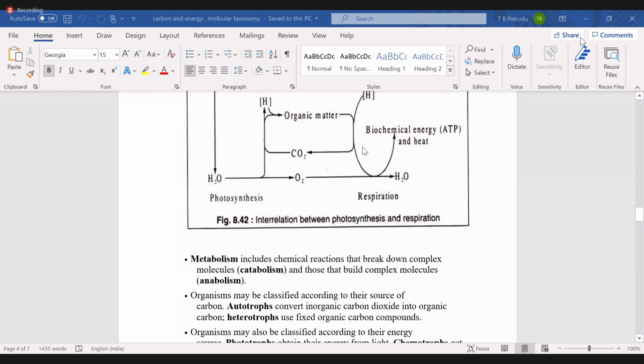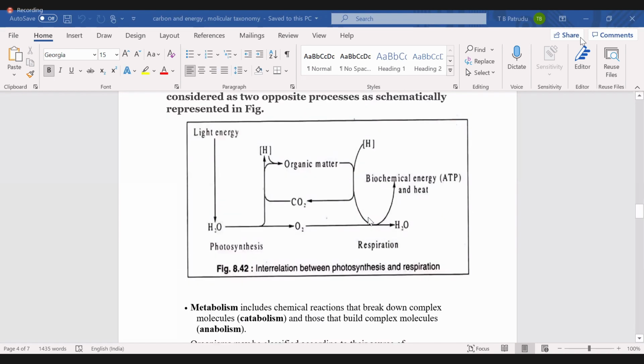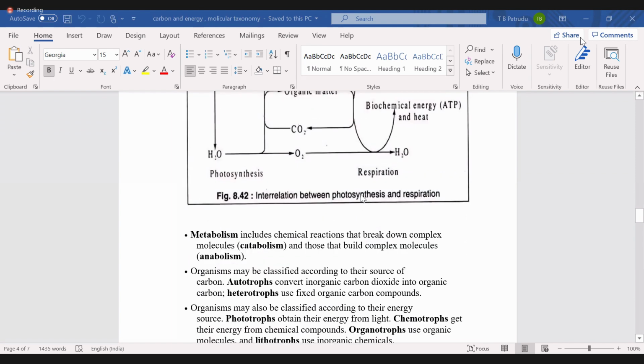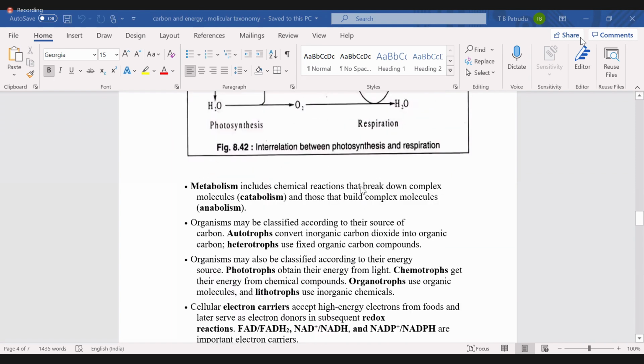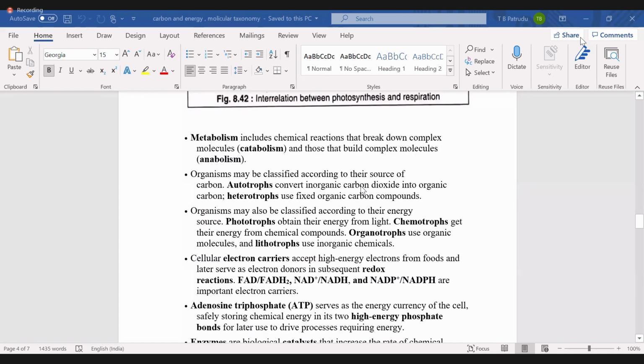Wherever metabolism takes place, this H plus is released, then NADPH. This is the cellular carrying of electrons.